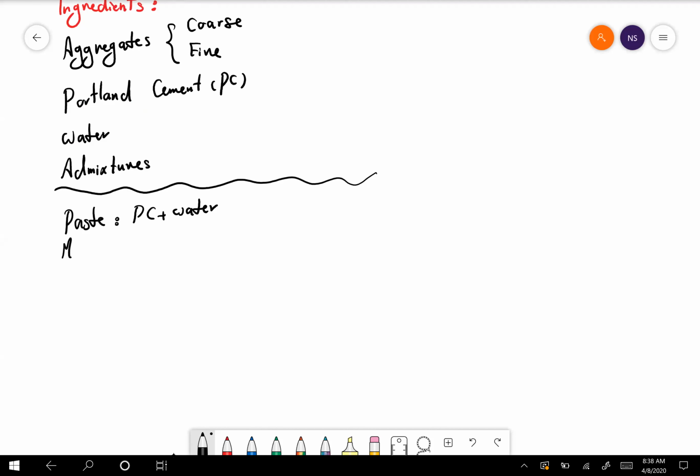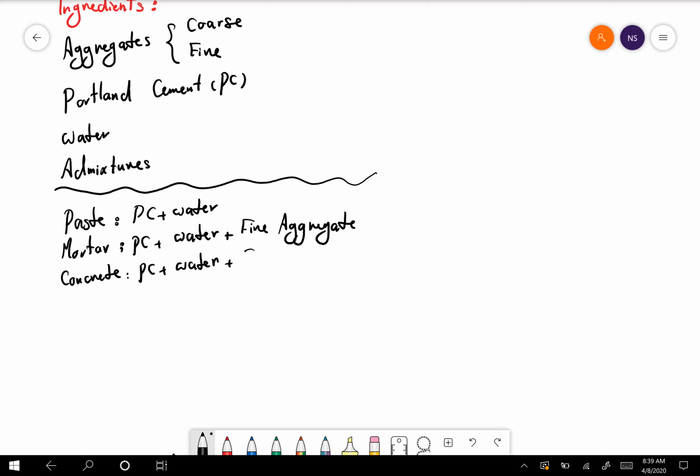And we also have mortar, which is Portland cement plus water plus fine aggregates, right? And then we have concrete, which is everything: Portland cement plus water plus fine and plus coarse aggregates. Right?